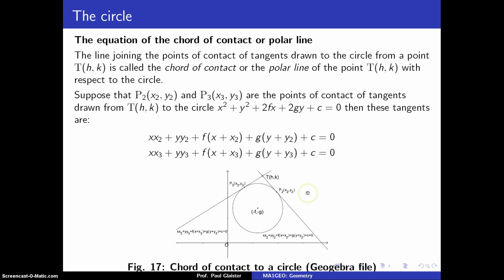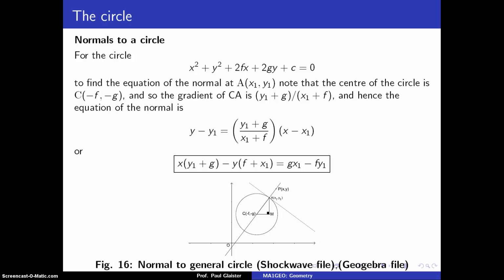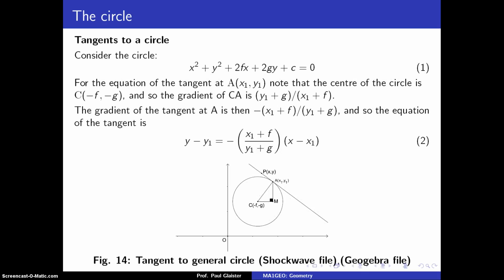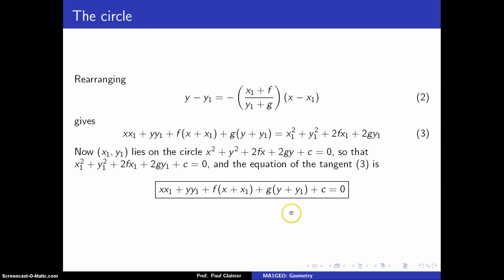Immediately we can use the expression from the previous result, which is on the previous page, which says that the equation of the tangent to that circle at the point (x1, y1) is given by this.